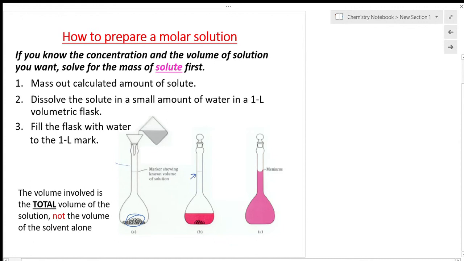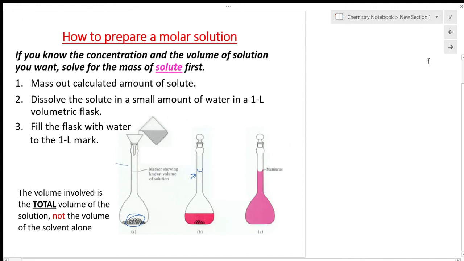So once it's all dissolved, and a lot of times you have to shake this, you can stir this, you can agitate it, do one of those factors that we talked about for how to dissolve a solid. Once it's all dissolved, then we're going to dilute it by adding water and make sure the meniscus is right on that line right there. And that's how you would make a very precise 1 liter solution of whatever concentration you need.